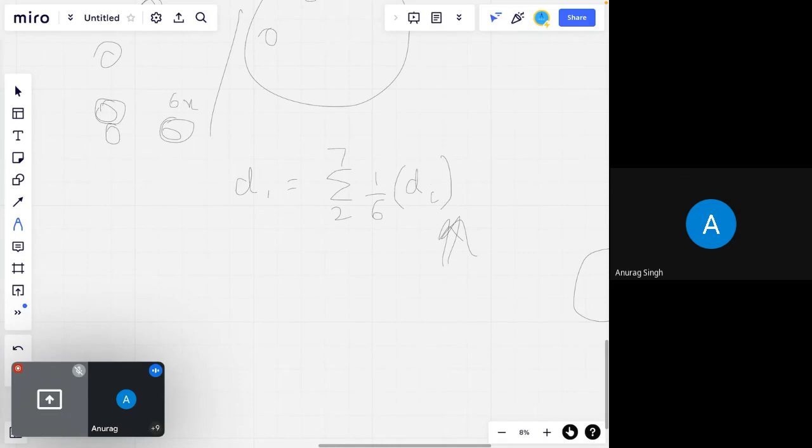I want to prove that it is always decreasing, and at some point it will have to stop. It has to reach A1 sometime.